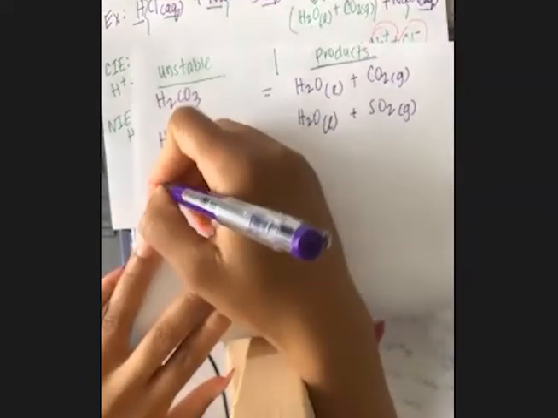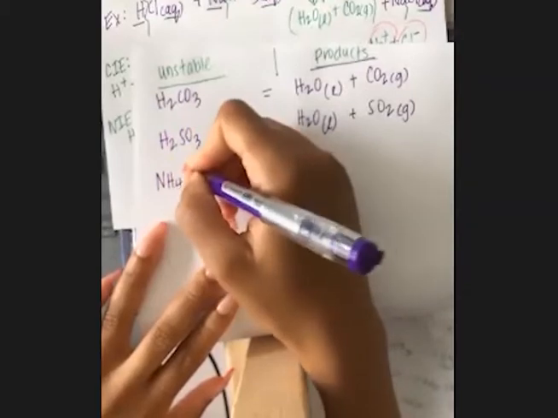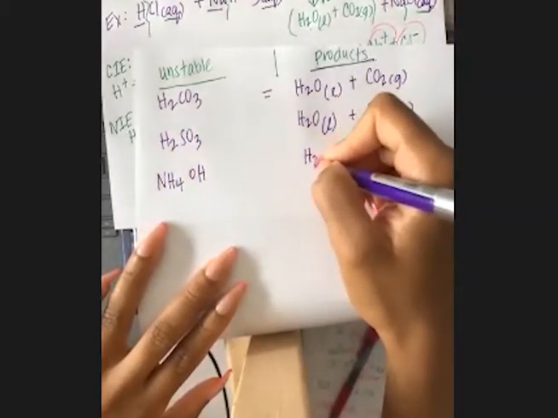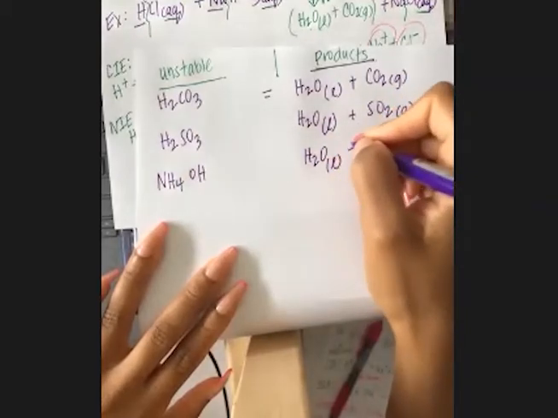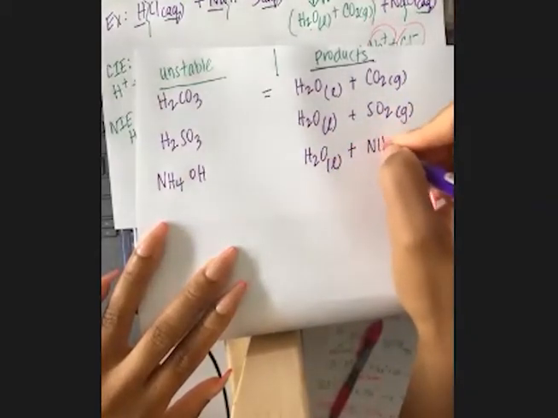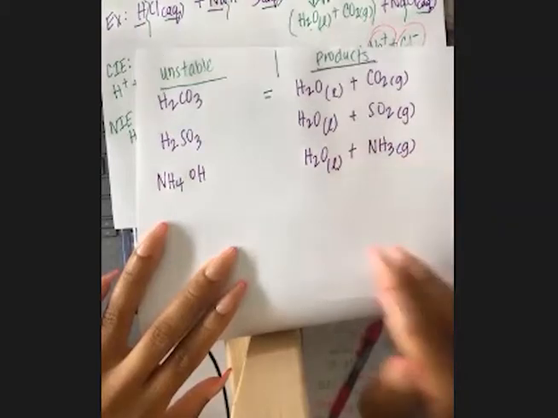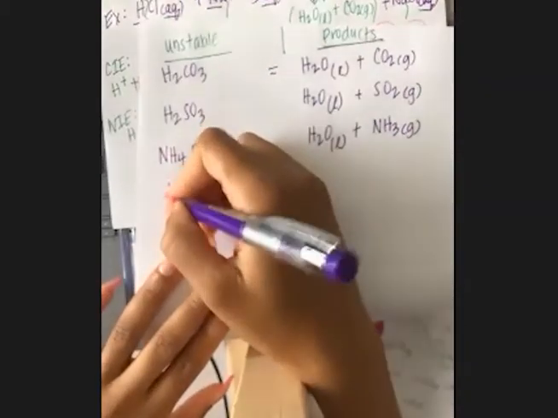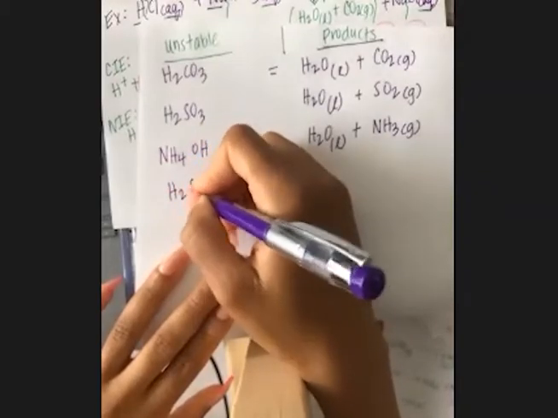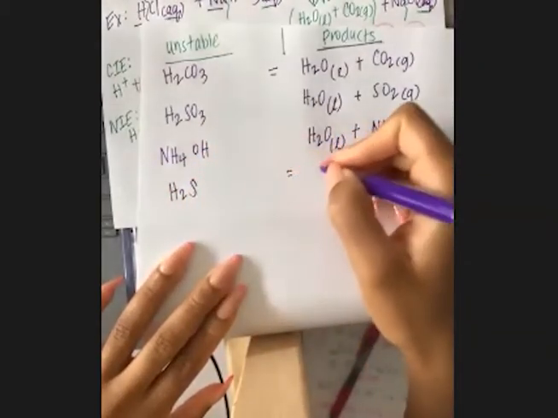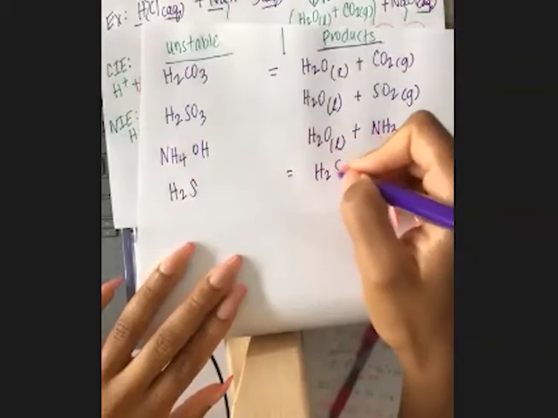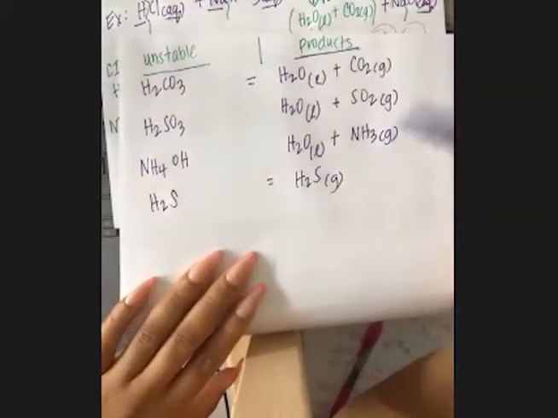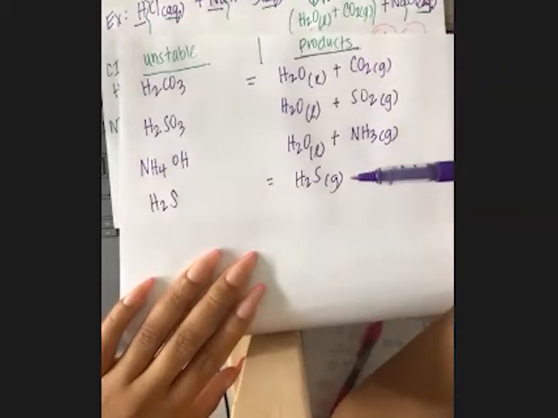If we have ammonium hydroxide, it's going to break down to liquid water and ammonia, which is a gas. And then finally, we have to recognize that H2S is just a gas, which is hydrogen sulfide. So these are the different types of gas evolution equations you're going to come across.